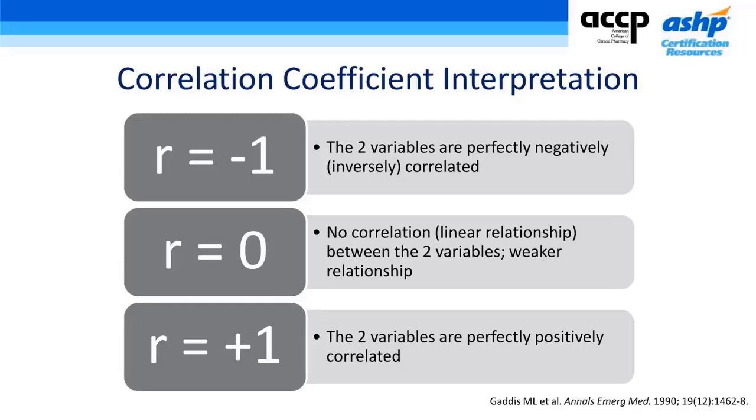If you have a correlation coefficient of -1, that means that the two variables are perfectly negatively correlated. So they're inversely related. However, if your correlation coefficient is +1 or close to +1, the two variables are perfectly positively correlated.